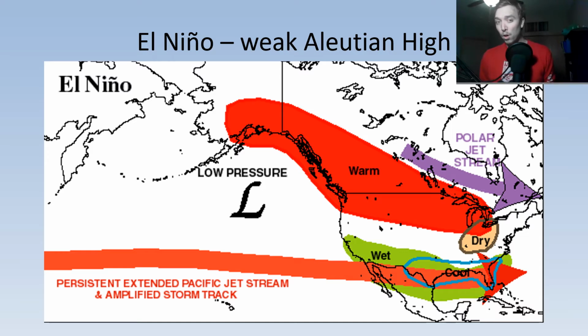We have warmer air along the coast of Alaska, British Columbia, Washington. We see wetter conditions in the U.S. Southwest, cooler air along the northern portion of the Gulf Coast, and almost a dry pocket over areas like Illinois, Indiana, Ohio.